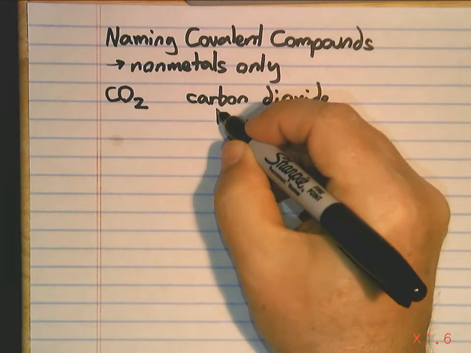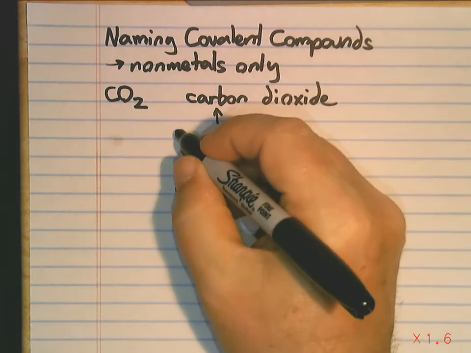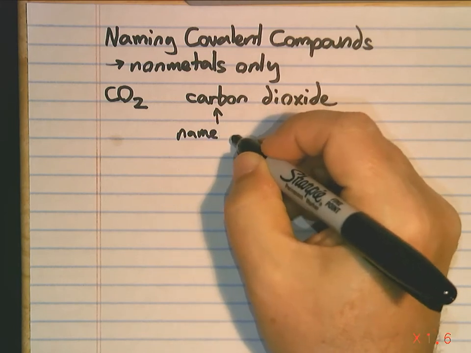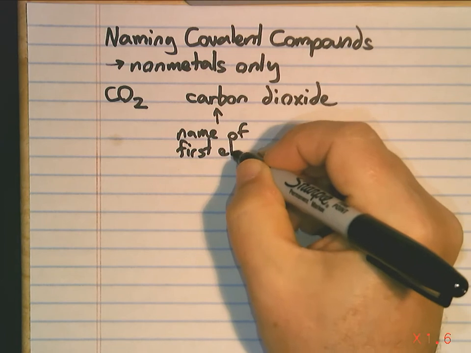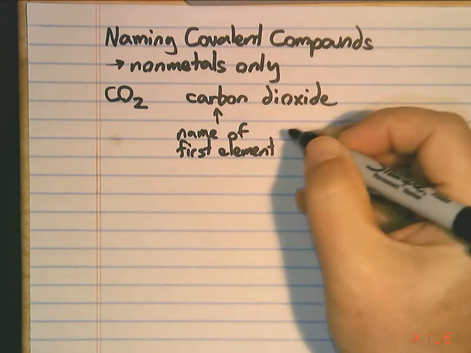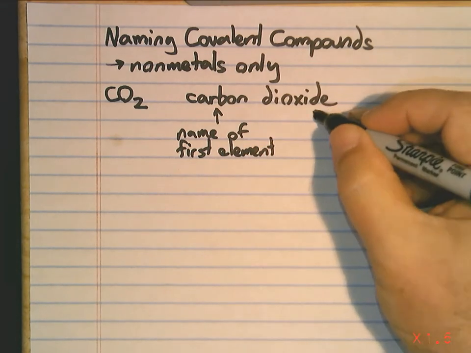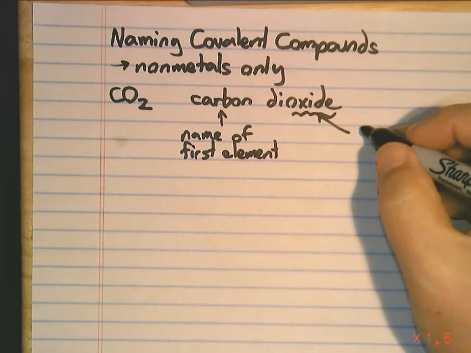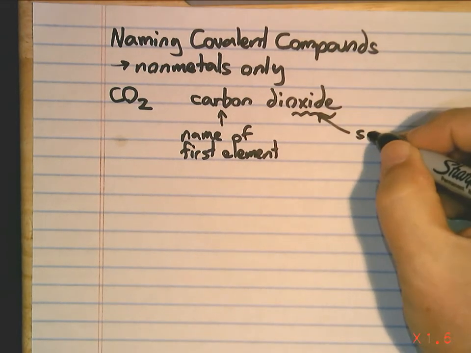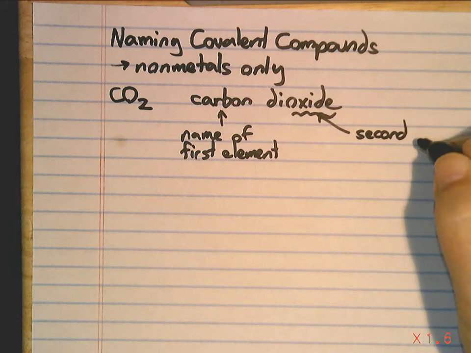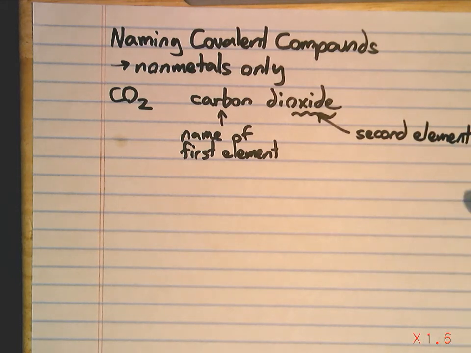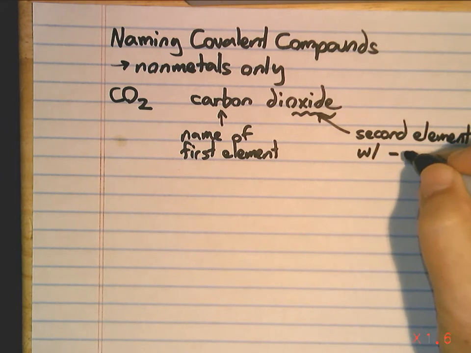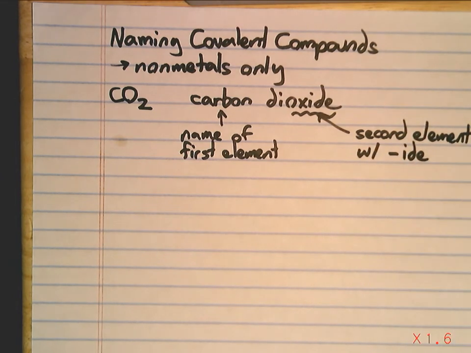What you do is name the first element, then you name the second element here, and you put an IDE ending on it. So that oxide is the oxygen in there.